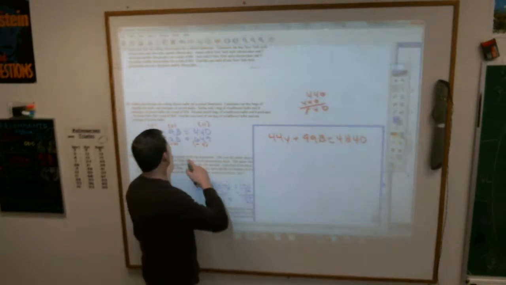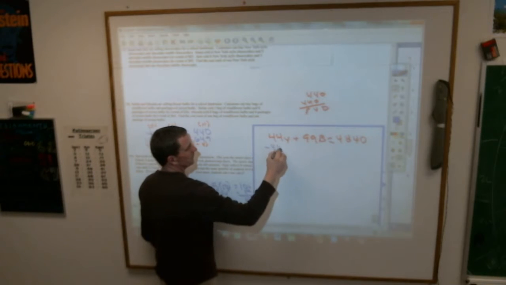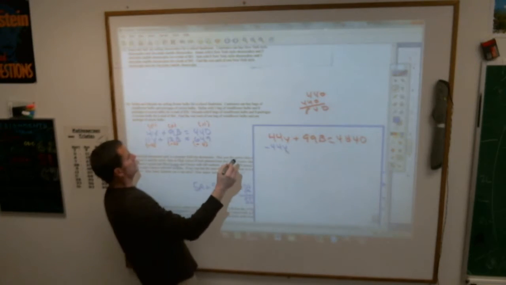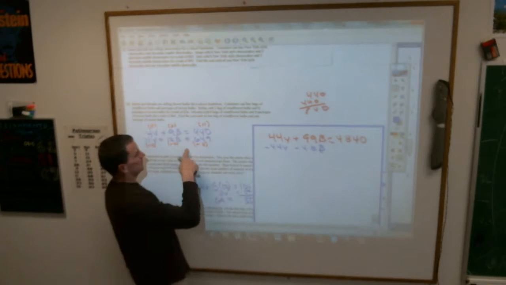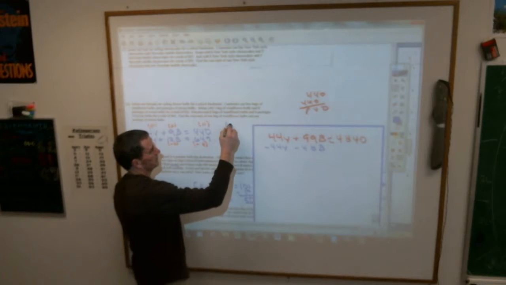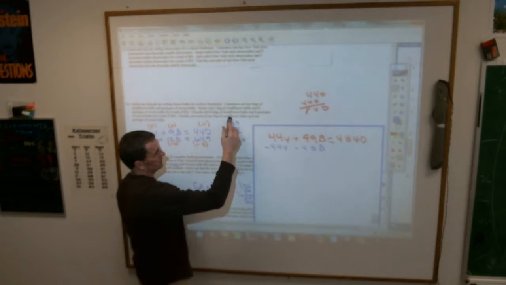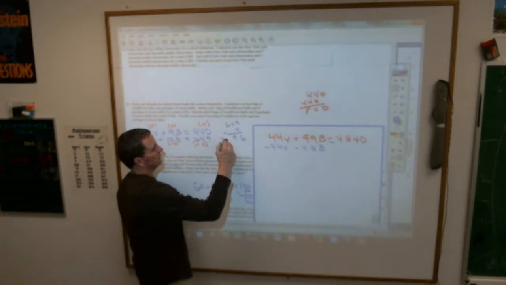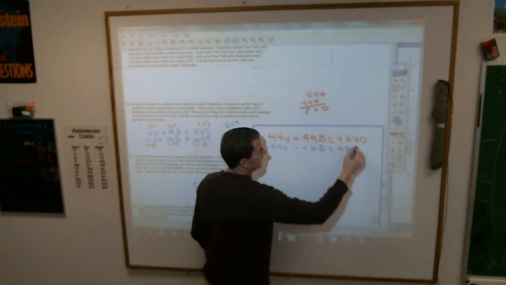Next equation, if you multiply everything by a negative 4, you get negative 44v minus 48b, and negative 4 times 649. Wish I had David's calculator. Negative 2,596.